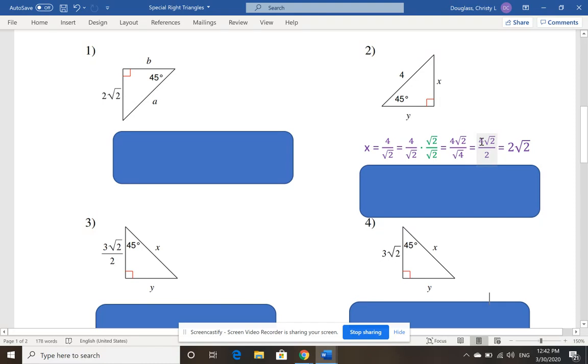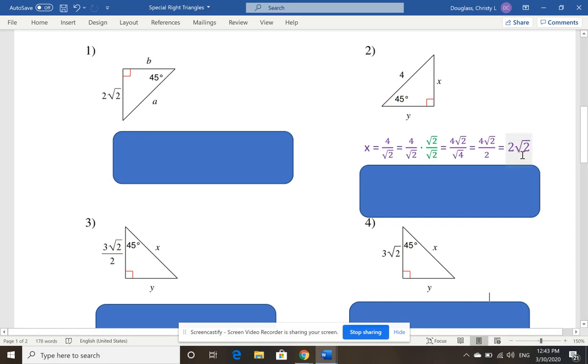This 4 and this 2 get to divide. 4 divided by 2 is 2, and then the radical 2 is just hanging on. So, whew, that was a lot. So sometimes these problems can be very simple, but when you have to rationalize your denominator, it does add an extra step in there, and that can get a little bit confusing.